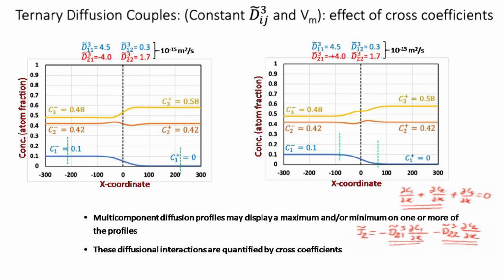Now, let us suppose d22 is positive and the concentration gradient to start with is negative. So, the second term in effect is positive, right.